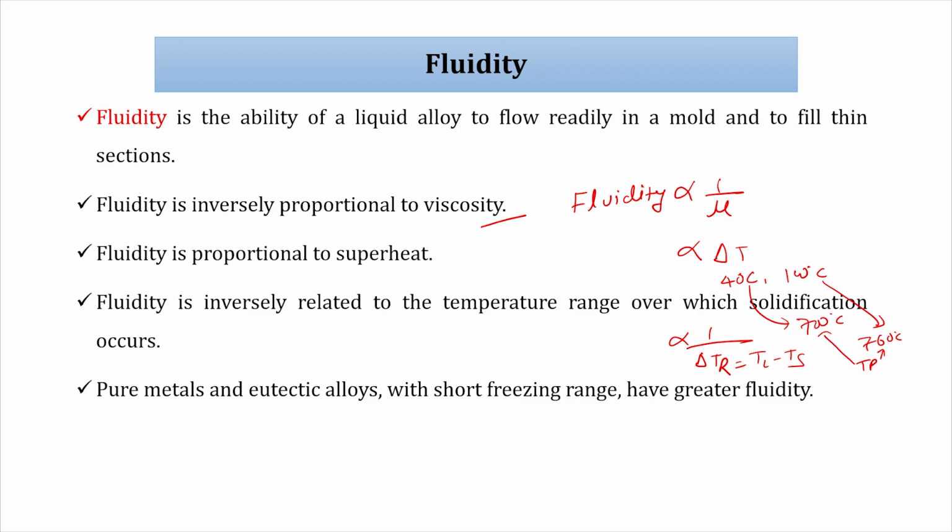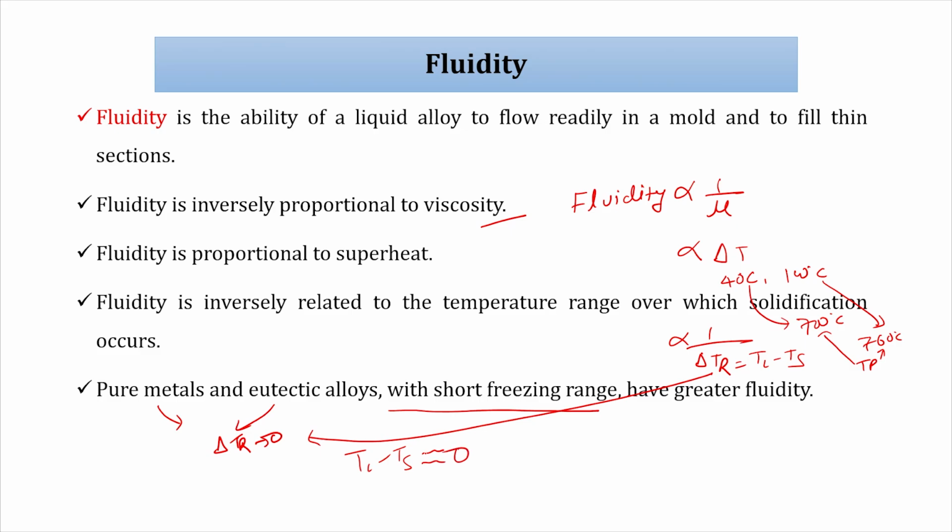Fluidity is inversely related to the temperature range over which solidification occurs. In pure metal and eutectic alloy, del Tr is 0, so it is called a short freezing range, which tends to 0. A short freezing range has higher fluidity, obviously, since 1 by del Tr, TL minus Ts, is equal to 0.